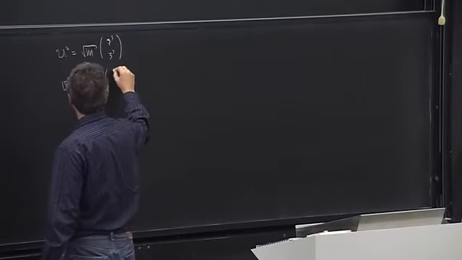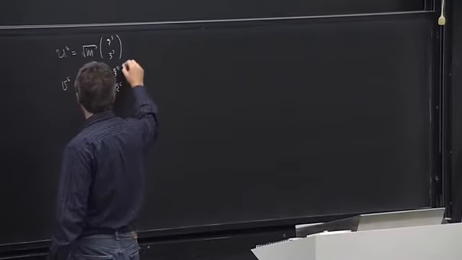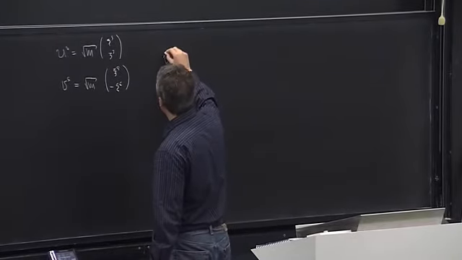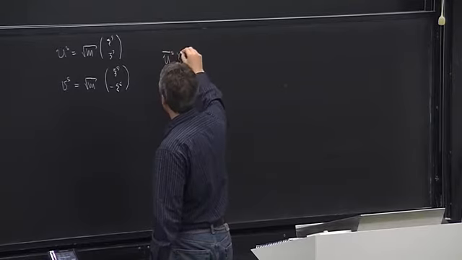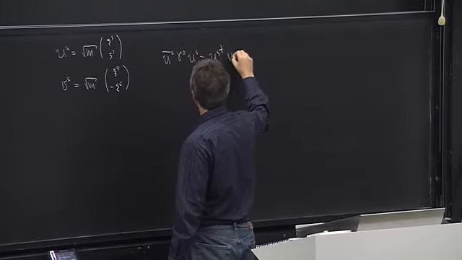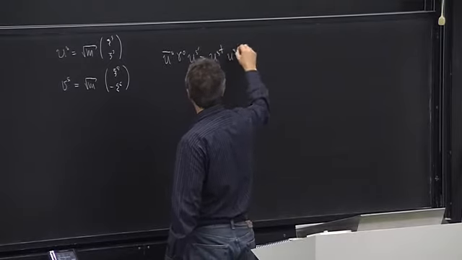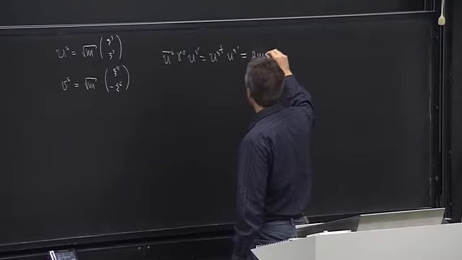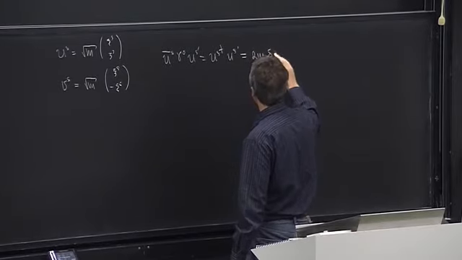For the positron, this is square root m psi s, minus psi s. So if you compute U bar s gamma 0 U s prime, this is U s dagger U s prime, which will be 2m delta ss prime.